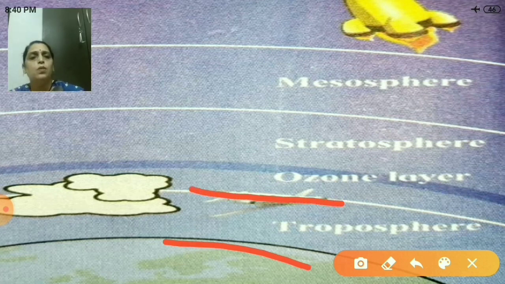See from here, this is the Earth's surface and this is the troposphere. So from here till here it is 13 km. So this is known as troposphere. Is it clear?